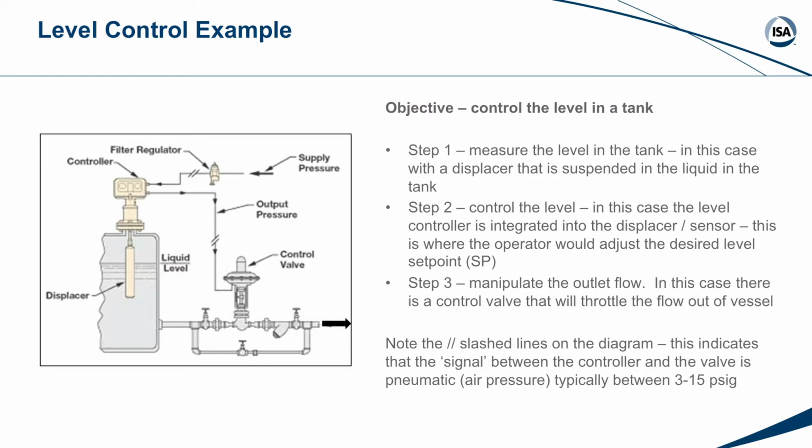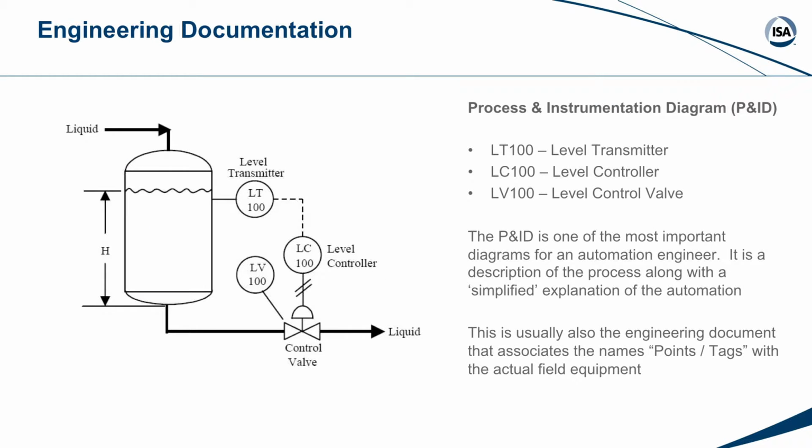So here's the same control function. Now this is with electronic controls, right? So this is how we start to use the process and instrumentation diagram, the P&ID.